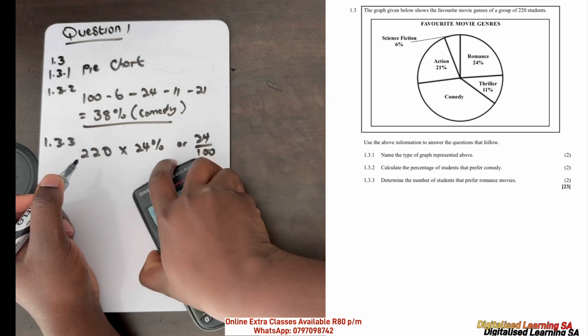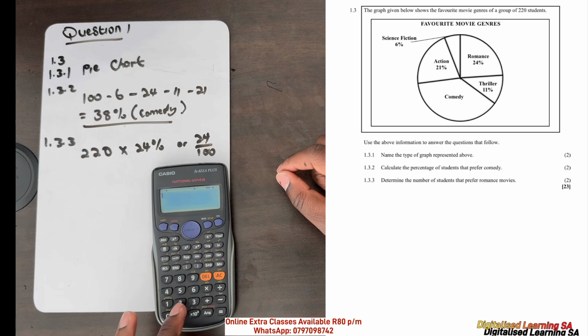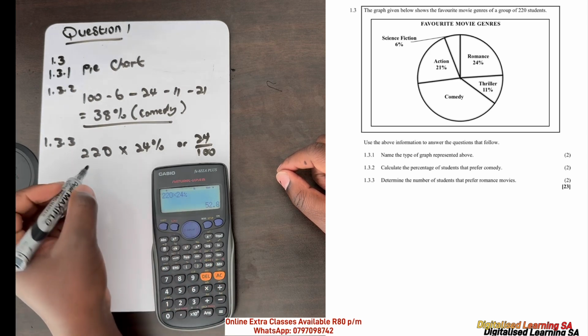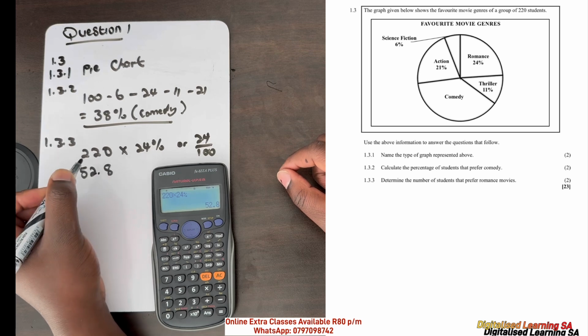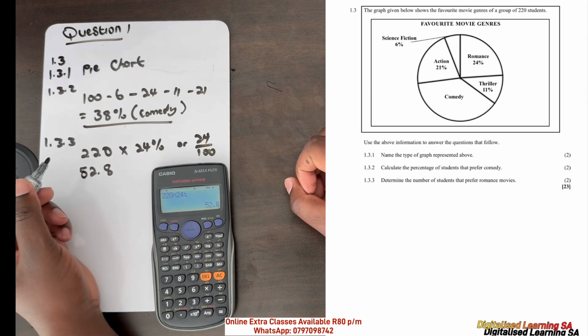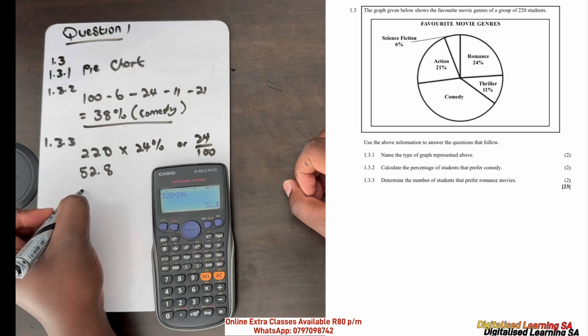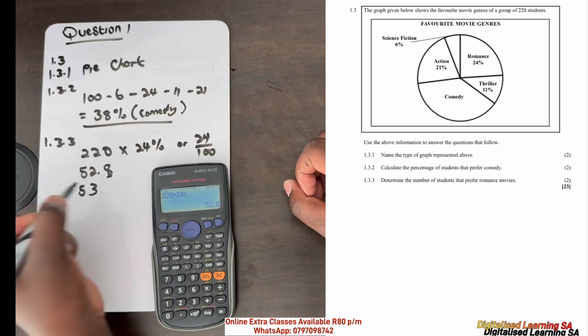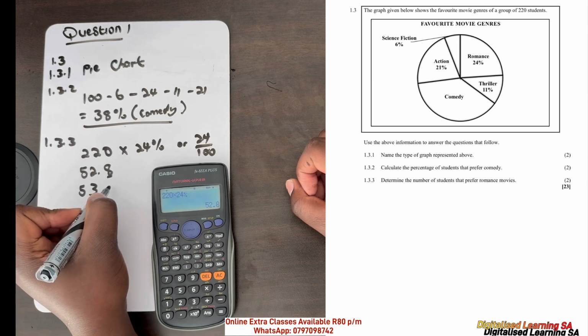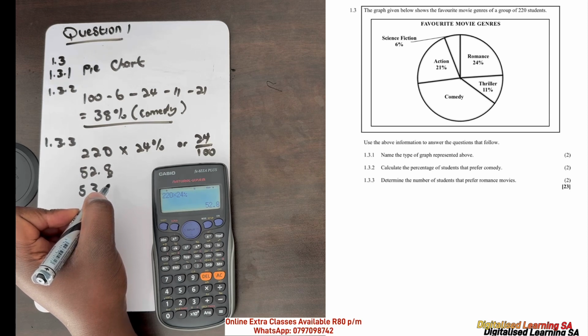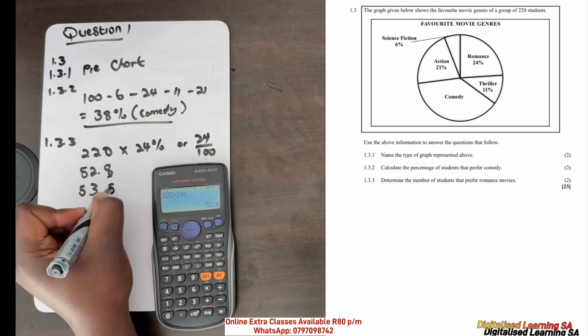So it's 220 multiplied by 24%, and our answer will be 52.8. Remember that the number of students needs to be discrete, meaning it needs to be a whole number, so we can't have 52.8 students. We need to round it up. Because we have 8 here, when we round it up, we will have 53 students.